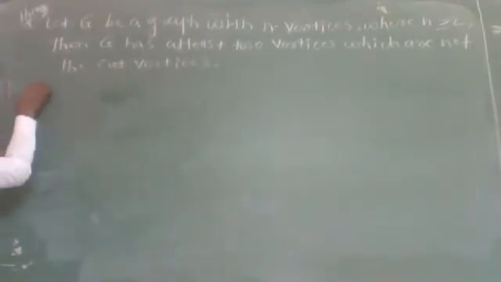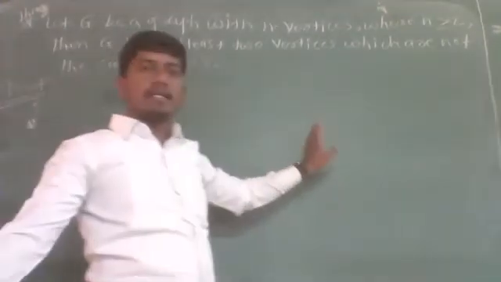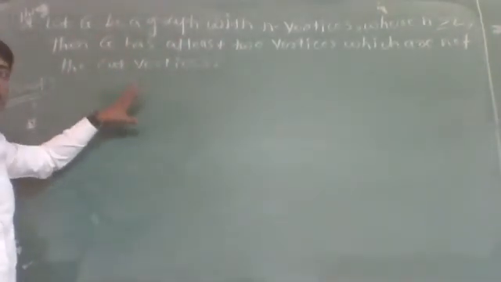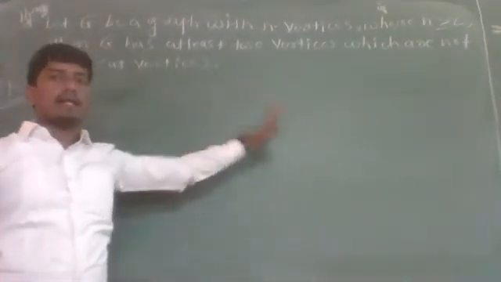We have to prove the result for any graph G, that is, either graph G is a disconnected graph or it is a connected graph. If we prove it for a connected graph, then we can generalize it to a disconnected graph, since a disconnected graph contains a number of connected components.